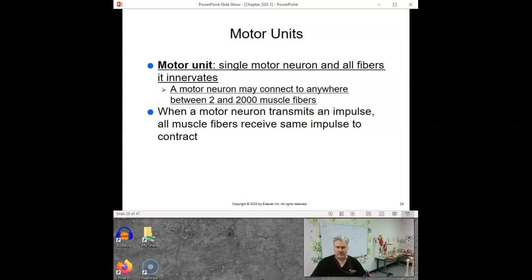So when the electrical impulse goes to the muscle, you know how sometimes people bend wrong? That's not the neuron's fault. Is it? Somebody places their foot wrong and breaks their ankle?